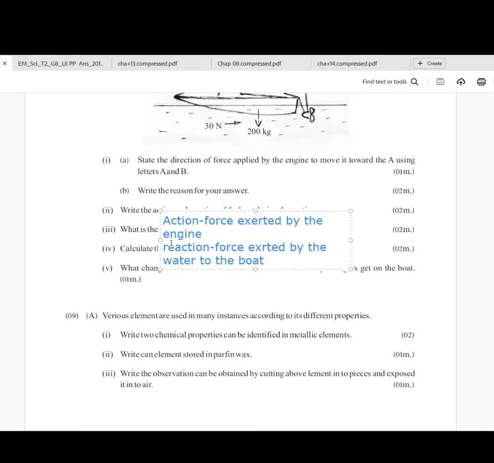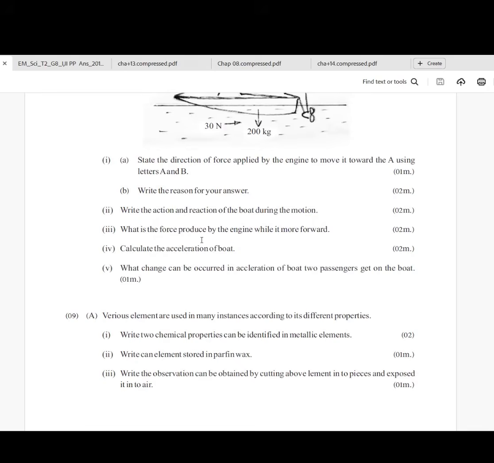What is the force produced by the engine while it moves forward? 5,000 Newton should be added to the 30 Newton force. Then a 5,030 Newton force is applied by the engine. Calculate the acceleration of the boat. The boat is moving with a total force of 5,000 Newton.